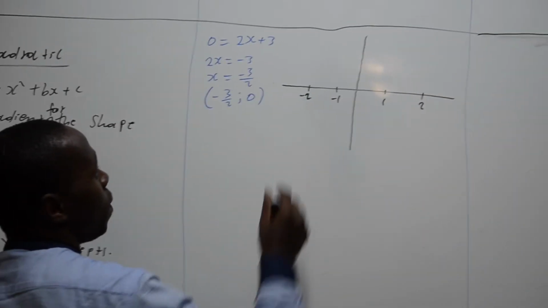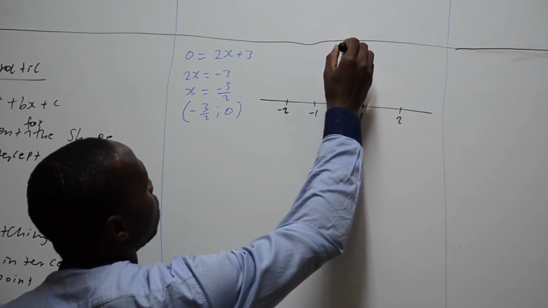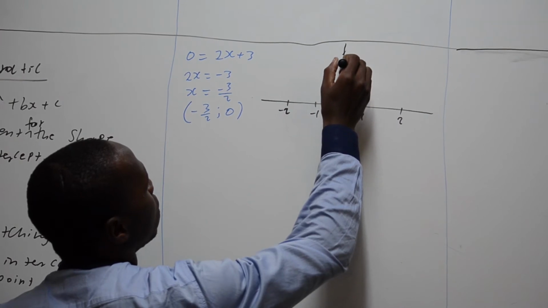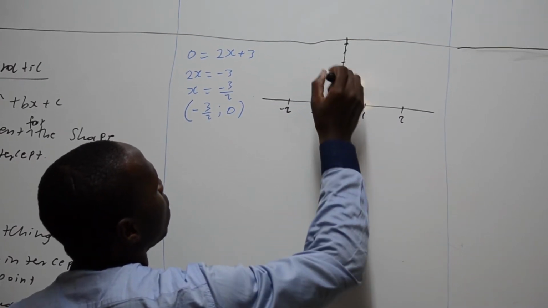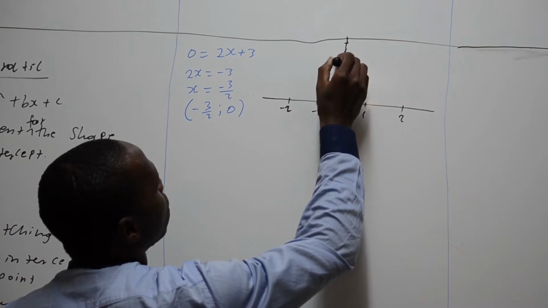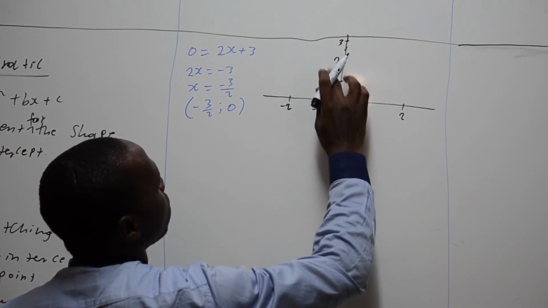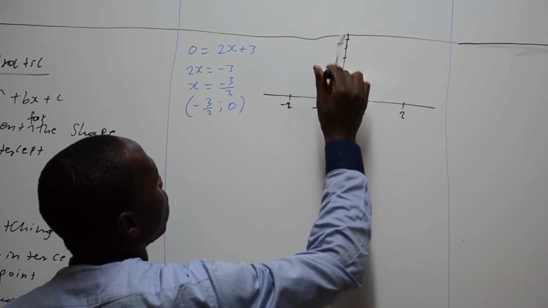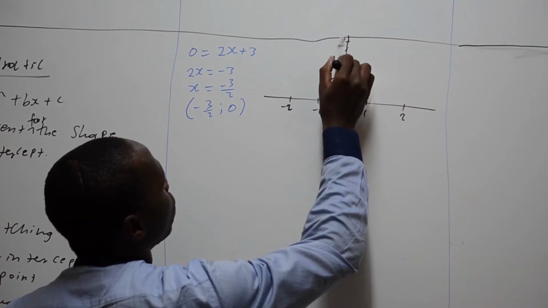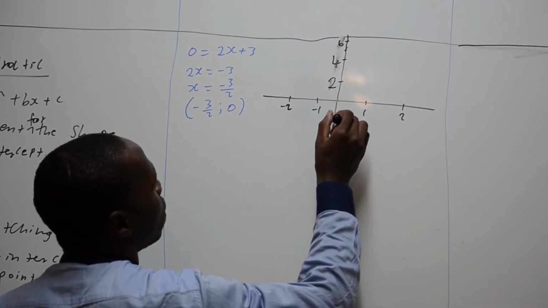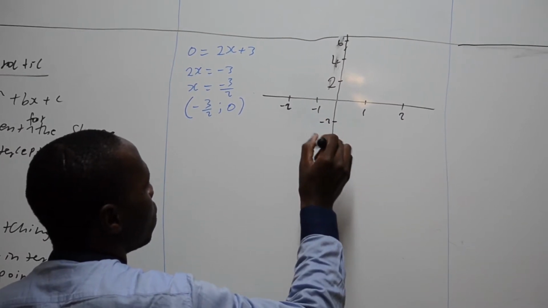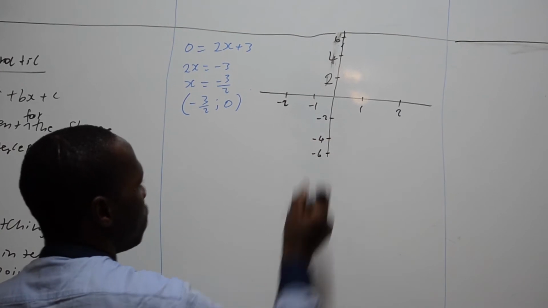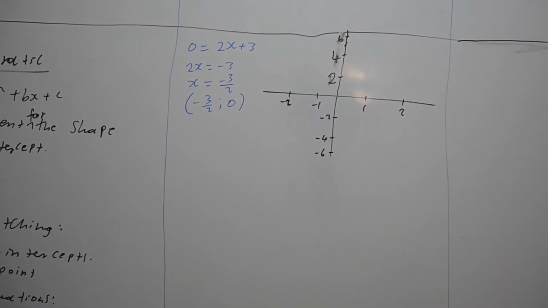So I need up to 3 on y. So 1, 2, and 3. Okay, let me use a scale of 2 here. So this is 2, 4, 6, and downwards minus 2, minus 4 and minus 6.